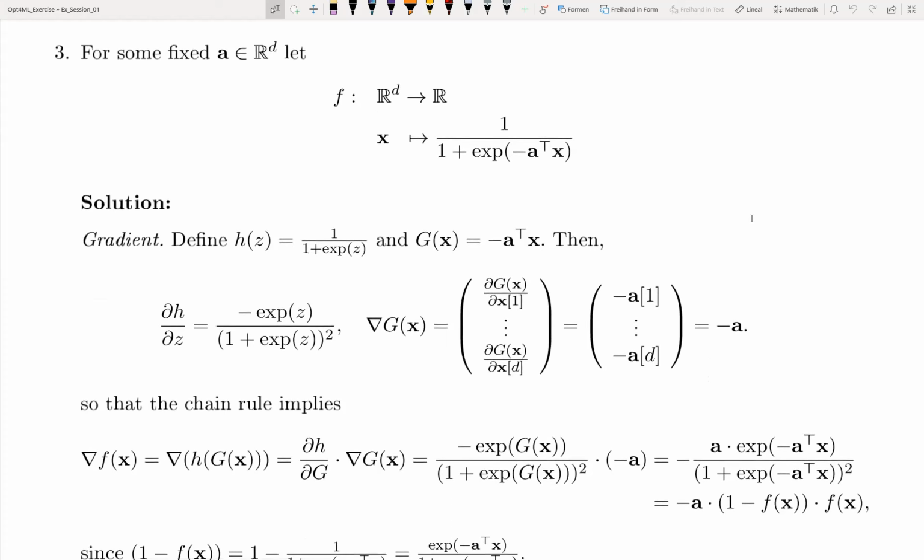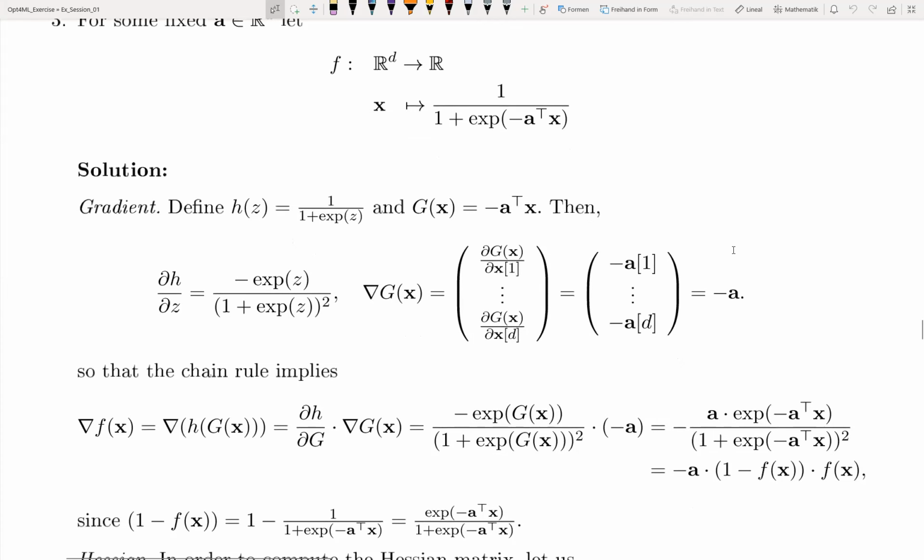And again, we can extract here a chain structure. At least this is how I saw it directly. You have the outer function h, which is a univariate function, 1 over 1 plus e to the z. And then for z, what you need to input is the multivariate function g of x, which is the inner product of this vector a with the x.